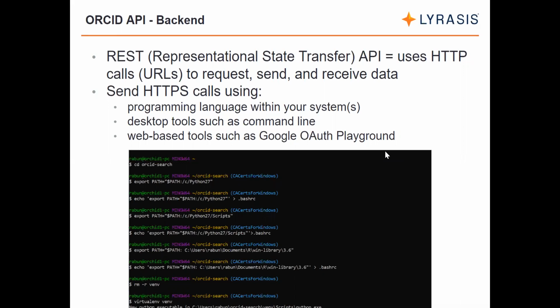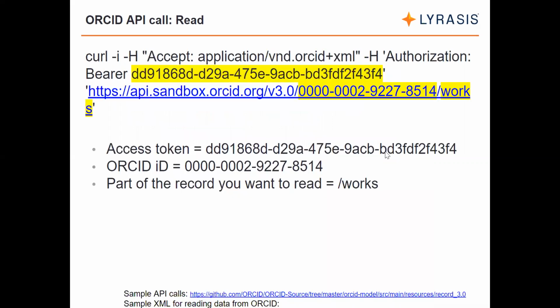For those who prefer a graphical interface, there are some web-based tools available. And my favorite and a popular one is the Google OAuth Playground, which is a free web-based tool that is developed and maintained by Google. But that is another option, and I have a link a little bit later on to a tutorial on how to use that.